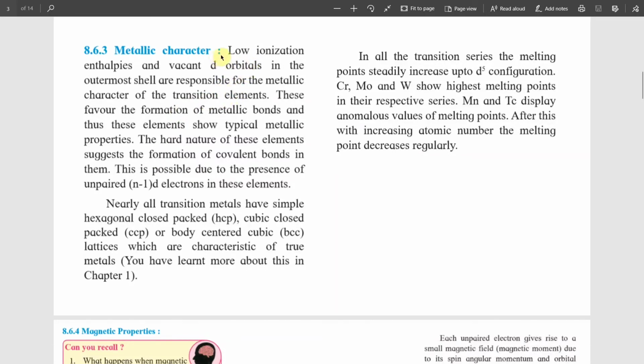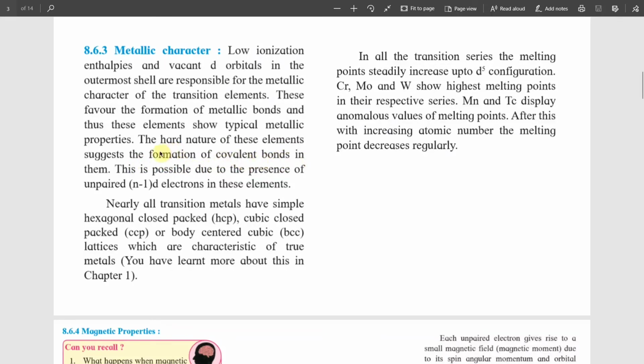Metallic characters. What are the metallic characters? In this third trend property, low ionization enthalpy and vacant d orbitals in the outermost shell are responsible for the metallic character of transition elements.